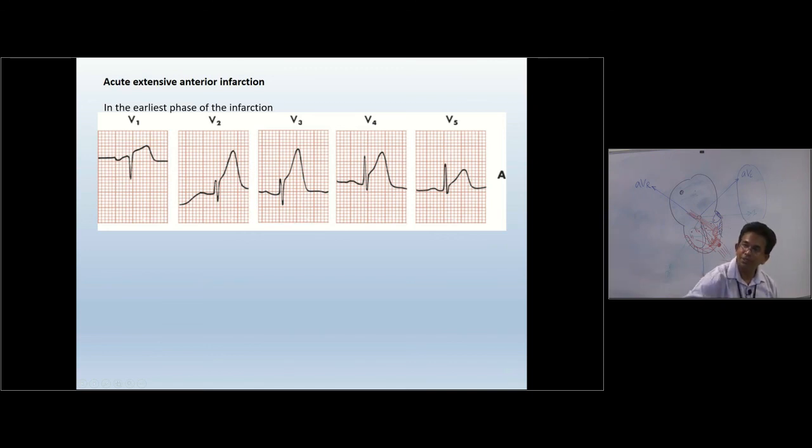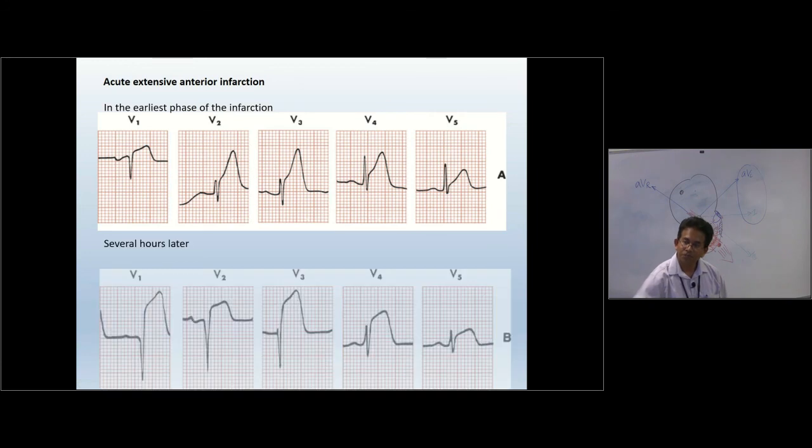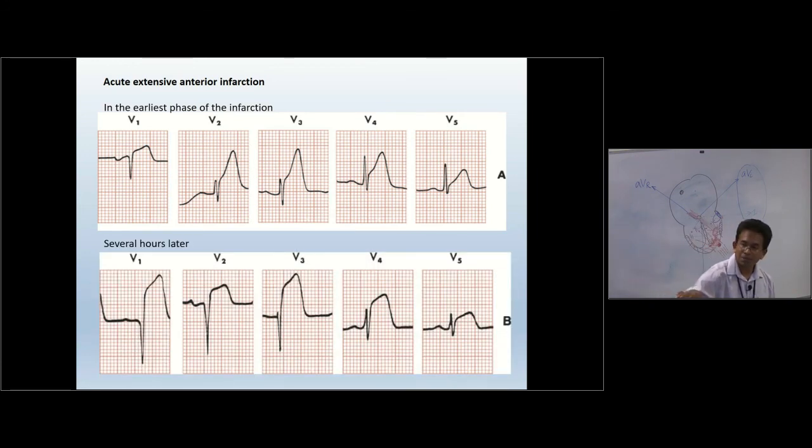You can see all the ST segments are very elevated, but after about a couple of hours you can see it is still ST elevated, but the shape of the ST elevation is now changing. For year 2 level, just knowing ST elevation is enough.